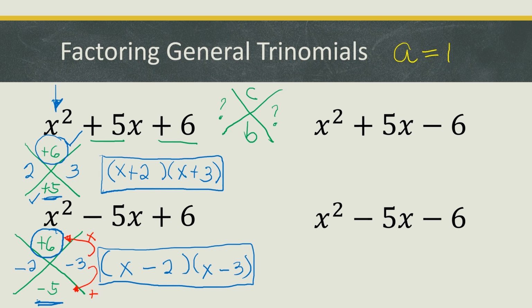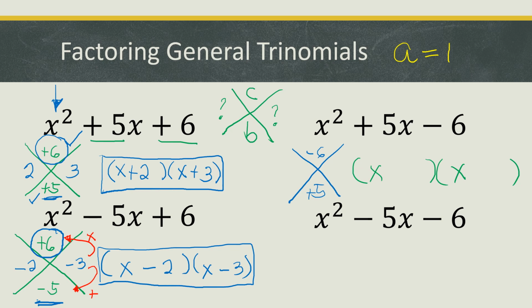Let us go with our third example. The value of C is negative 6 and the value of B is positive 5. So let us now factor first the first term, x squared, that is x times x. So what are the factors of negative 6 that once we add, we will get positive 5?